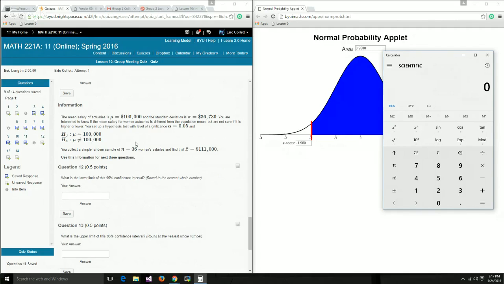What is the lower limit? Okay. So I'm not 100% sure, but the level of significance is that confidence interval, or do we need to find the z-score from these three numbers?